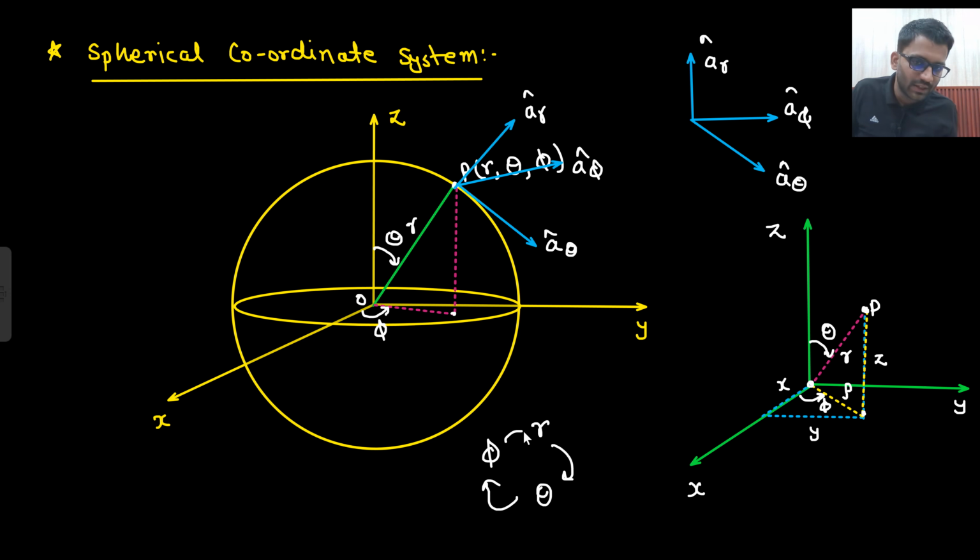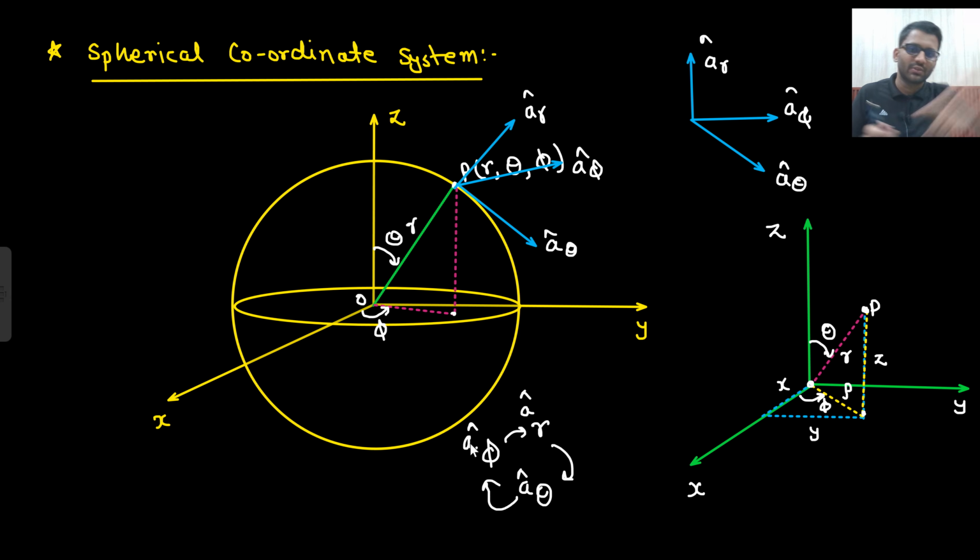So this will be the circular diagram: a phi cap, ar cap, and a theta cap. If I ask you what is ar cap cross a theta cap, that will be a phi cap. So three coordinates are there: r, theta, and phi.